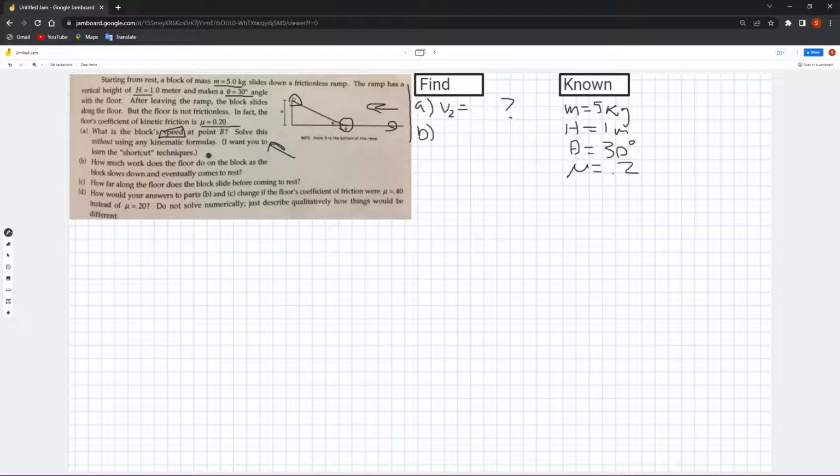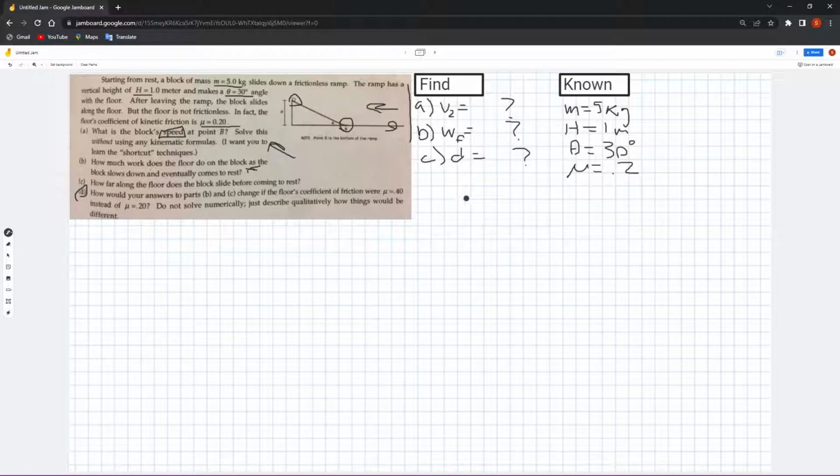B is just looking for the work of friction. So we'll just do work of friction equals question mark. C is looking for the distance it travels at the end. I don't know, and D we'll get back to later.